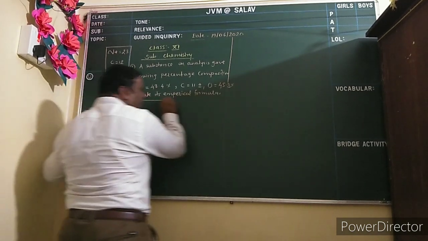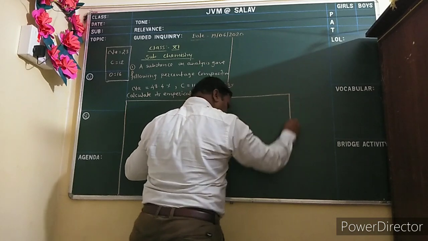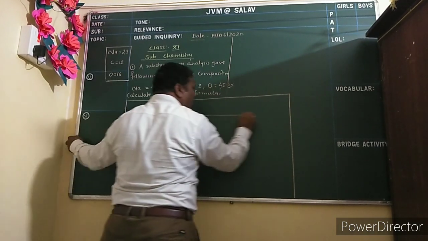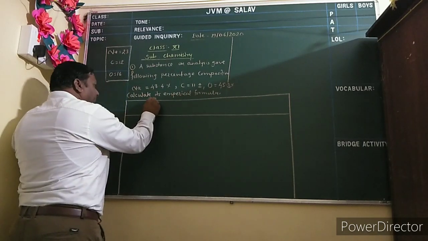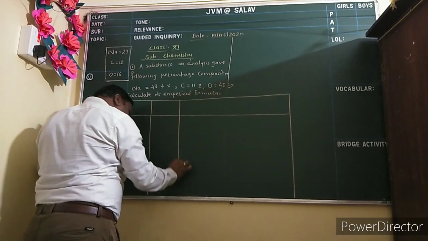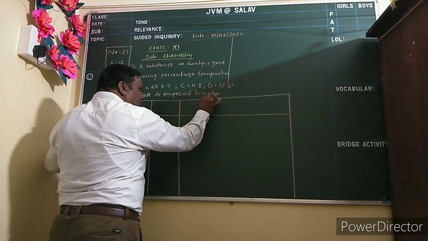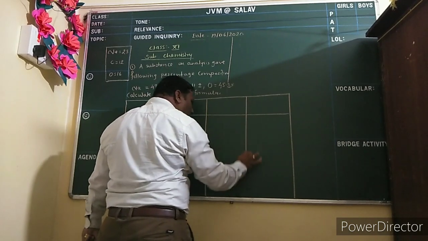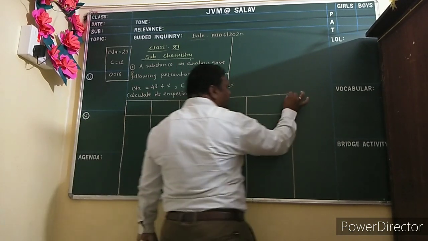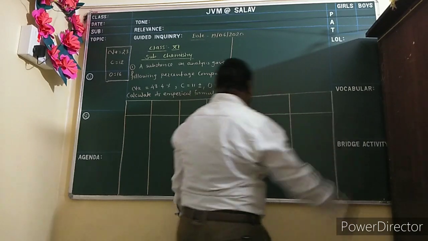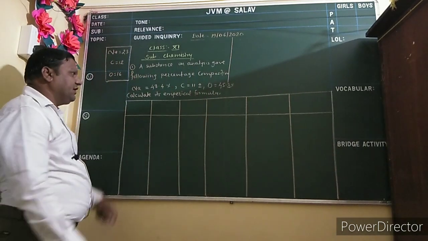You have to make the table. The columns are: elements, percentage, atomic mass, relative number of moles, simple ratio and simplest ratio.